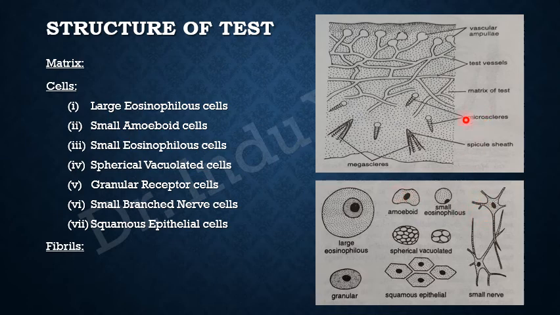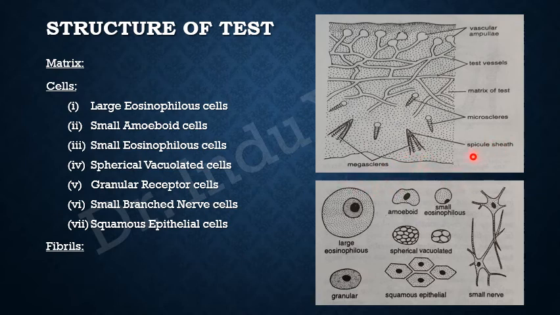Let us see the diagram. These diagrams, I did not give their headings because they are self-explanatory and there is no confusion about them. This is the kind of VS of the test, and in this you can see this dotted part is the matrix. Here it is labeled. Let's start from below.